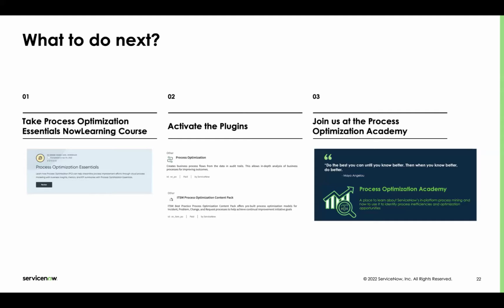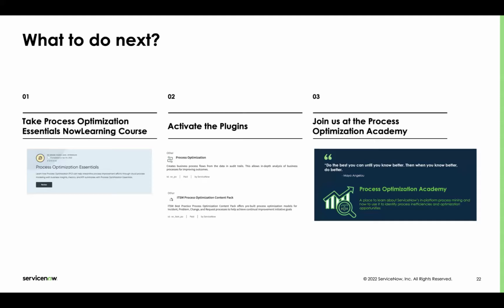That's the main one that you need to activate. And then there are 4 content pack plugins out there, one for ITSM, one for CSM, one for telco, and one for financial services operations. Depending on which solutions you're using, you're going to activate the appropriate content pack to go along with what you want to mine. And like I said, you can do this on your subprod today.